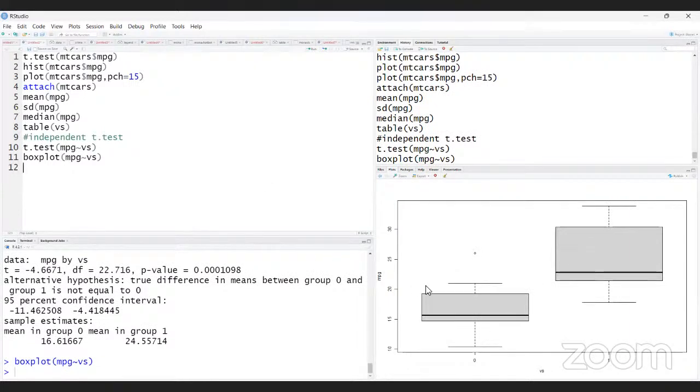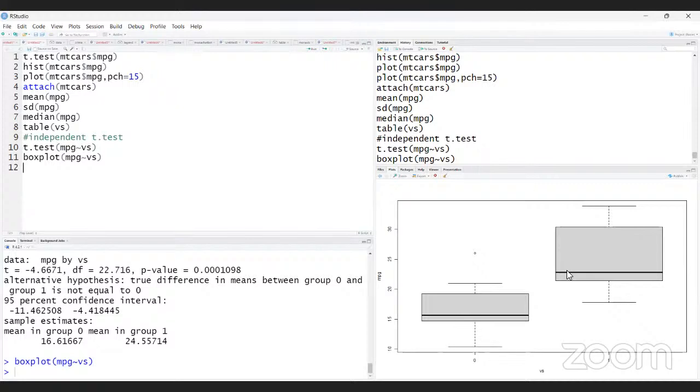Okay. So I am getting the mean. This mean is 16.62 when the VS level is 0. And when the VS level is 1, mean is 24.56.